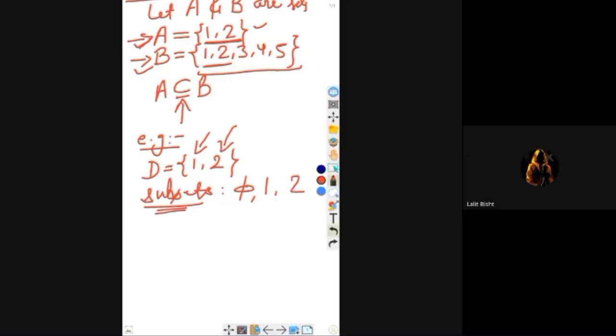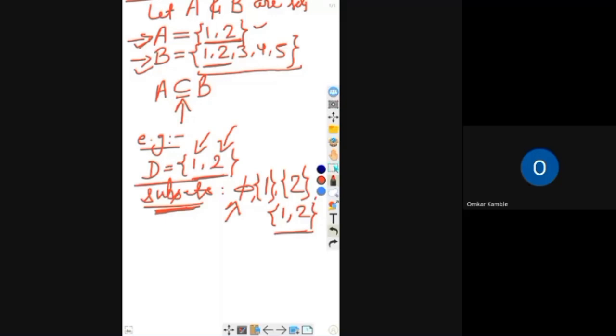A subset is also a set, so phi is the null set, and 1 is also a set, not only an element. So mark it with curly brackets, and mark 2 with curly brackets too. Then write the pair, here only 1 and 2. Every set is a subset of itself, just like this is D and this is also D. Clear or not?